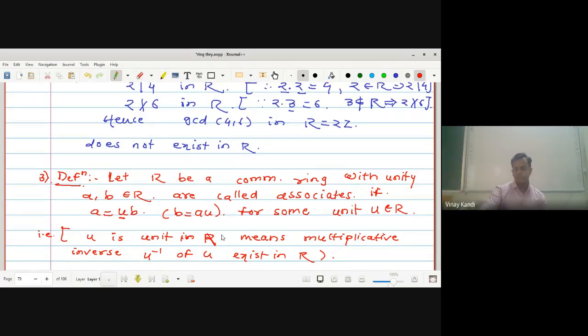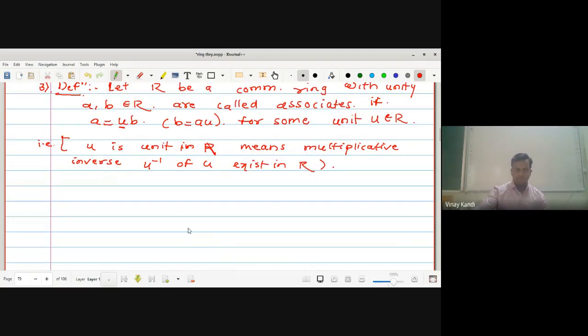Okay, for example, look at here. Suppose R is equal to the set of integers.